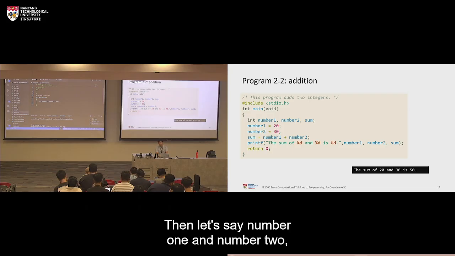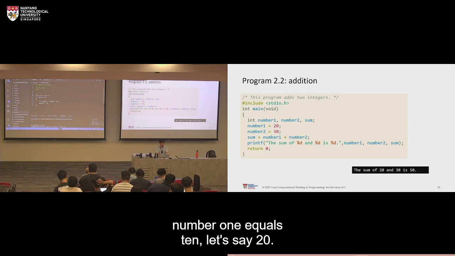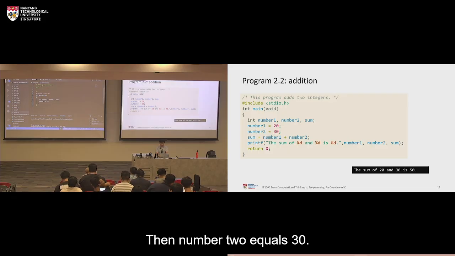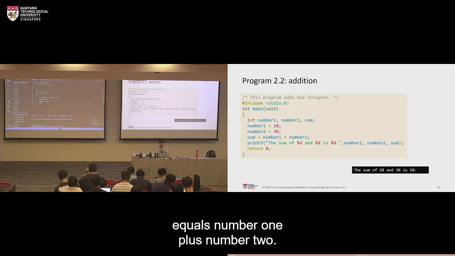Okay, then let's set number 1 and number 2. Number 1 equals 10. Let's say 20. Then number 2 equals 30. Then calculate sum. Sum equals number 1 plus number 2.